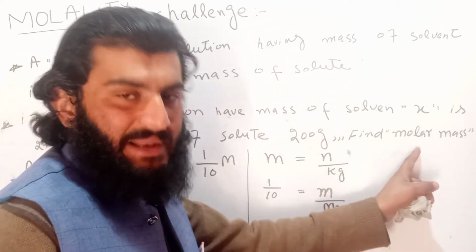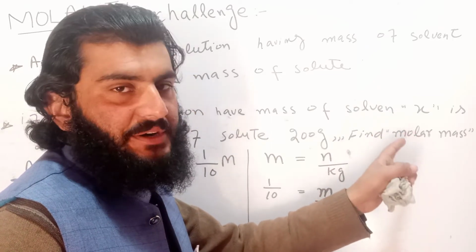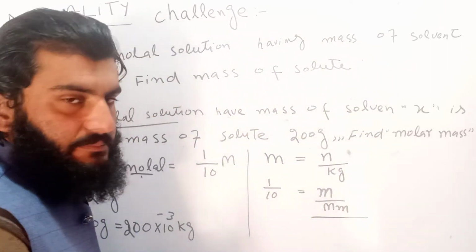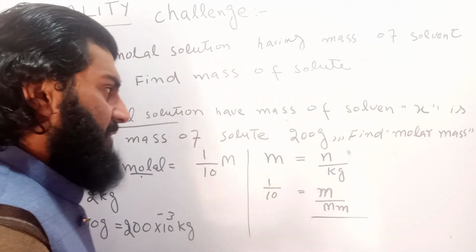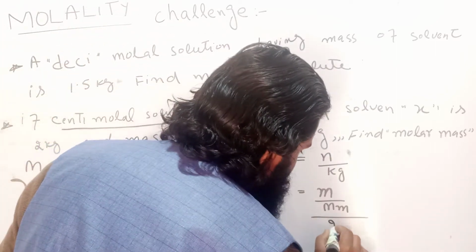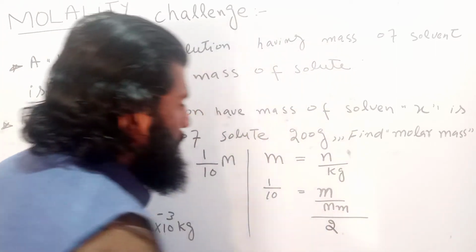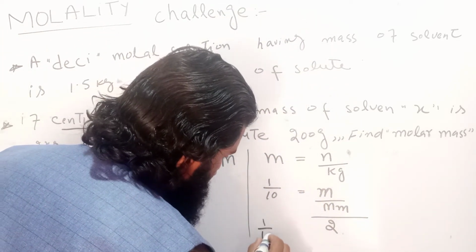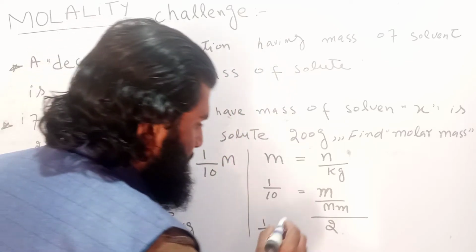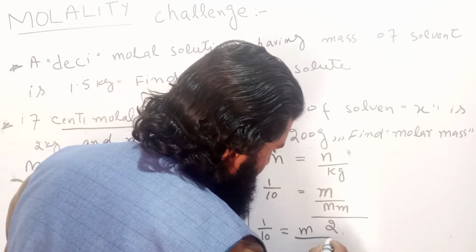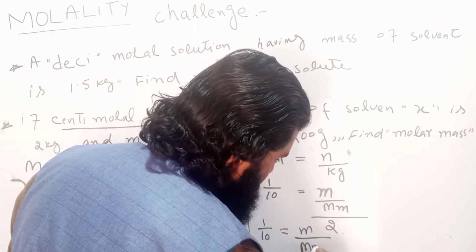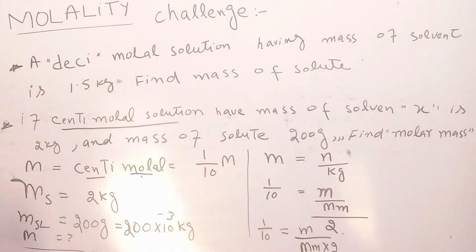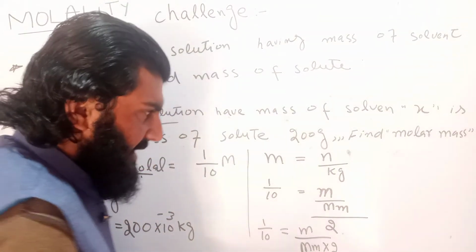Molar mass means molecular mass. 2 kilogram of solvent is present here. So 1 by 10 is equal to mass divided by molar mass, multiplied by 2.